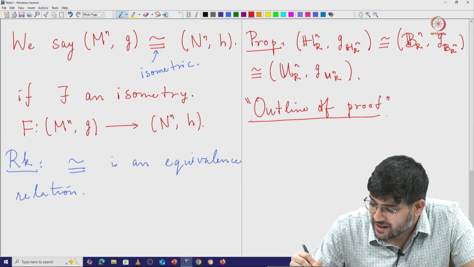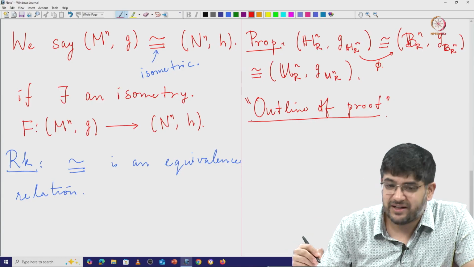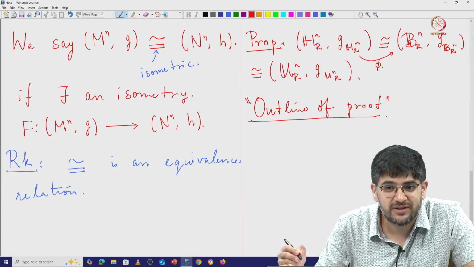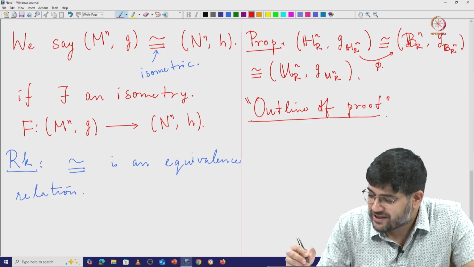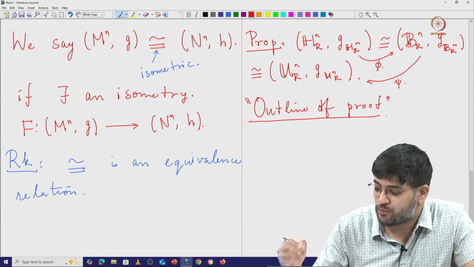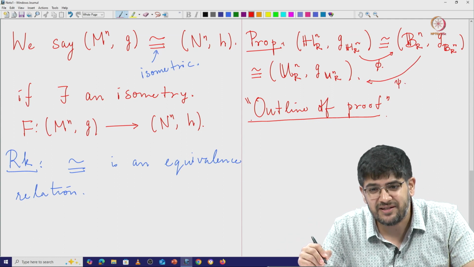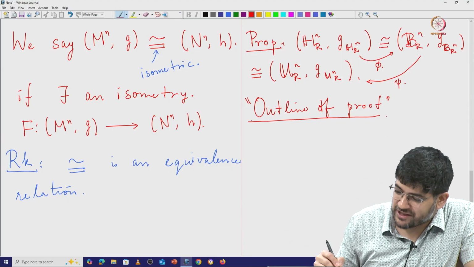So the first part, I am going to give a map phi from the hyperboloid to this open unit ball, which turns out to be an isometry. And in the second part, I am going to give a map which goes from the open unit ball to the upper half space, which also turns out to be an isometry between these two Riemannian manifolds.